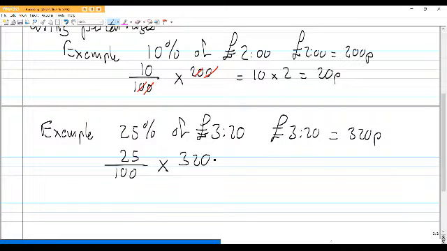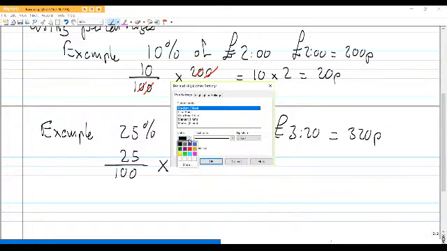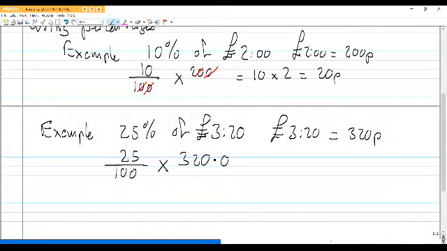I'm just going to put a decimal point in there because it means the same thing, right? But I'm going to move the decimal point now when I simplify, or when I cancel out. And that means what I'm going to do, when I get rid of that one, I have to move this decimal point one place to the left. And when I get rid of that one, I move it one more place to the left. And I'm left with 3.2.